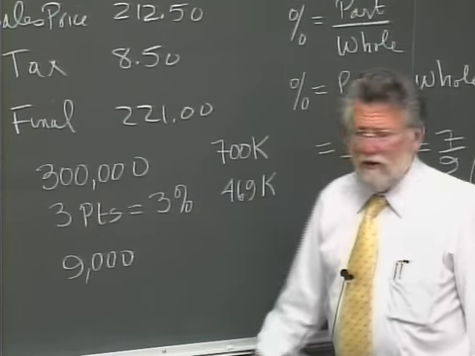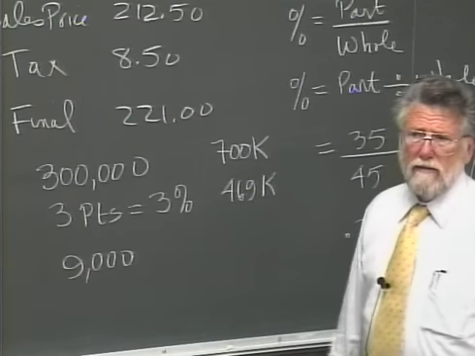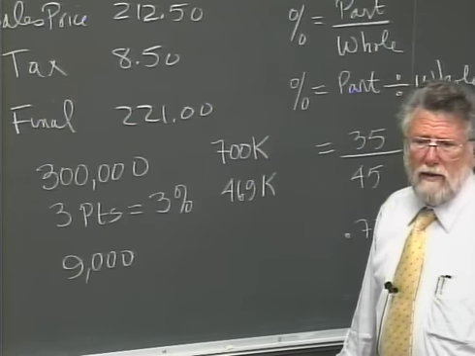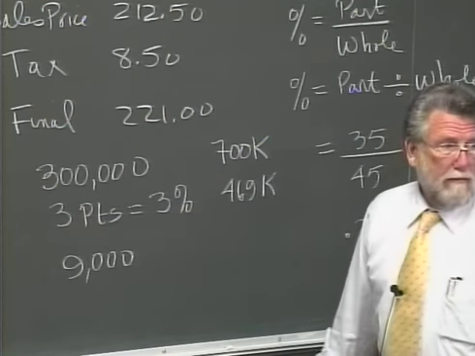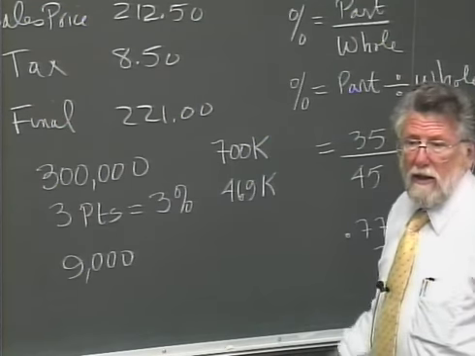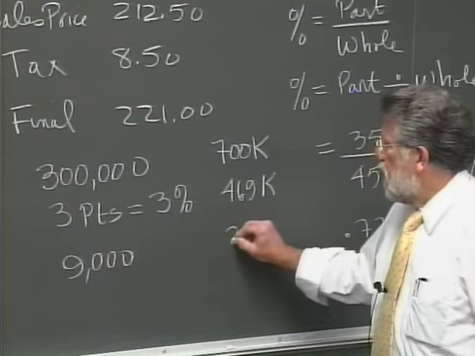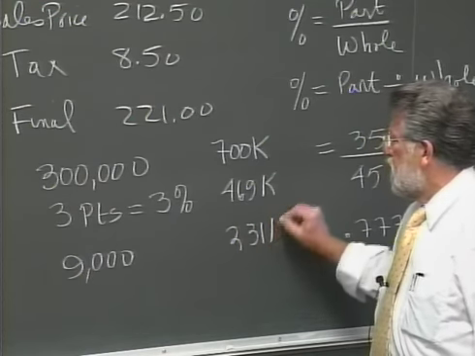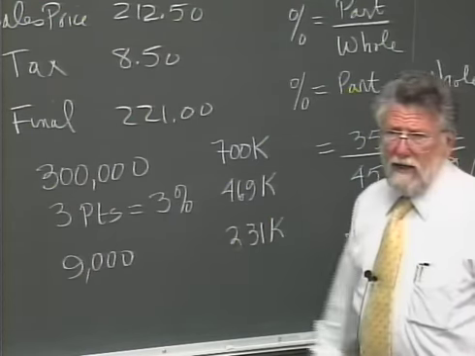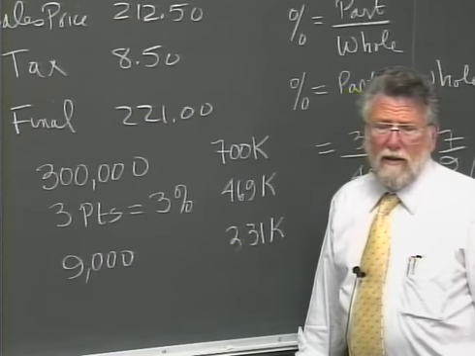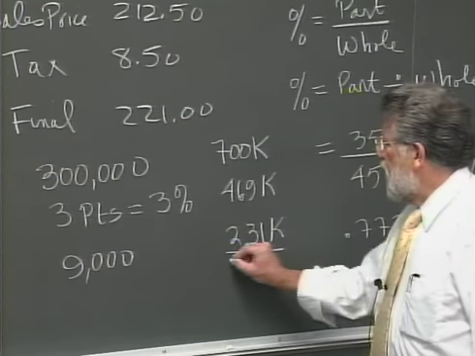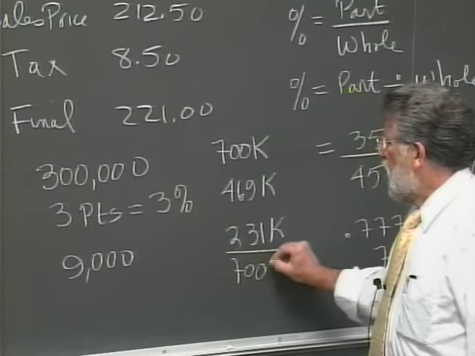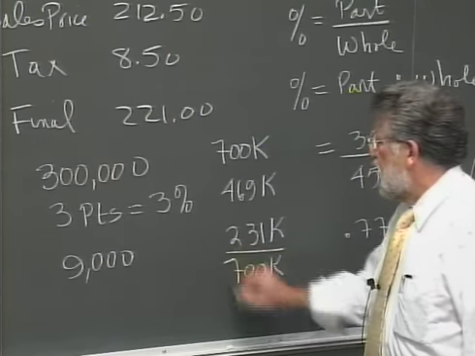So what is the difference? What is the reduction? Subtract, and you get what? That's a big reduction. 231,000 price reduction. And you're going to divide that by the 700,000 to find out what the reduction was as a percent.